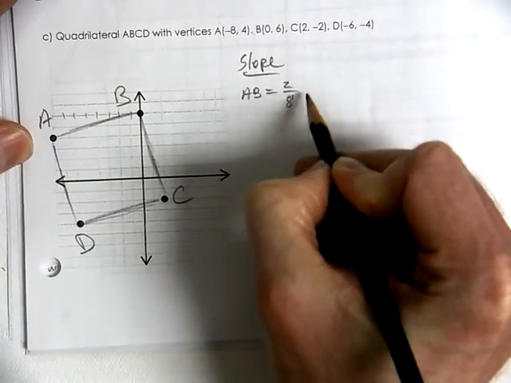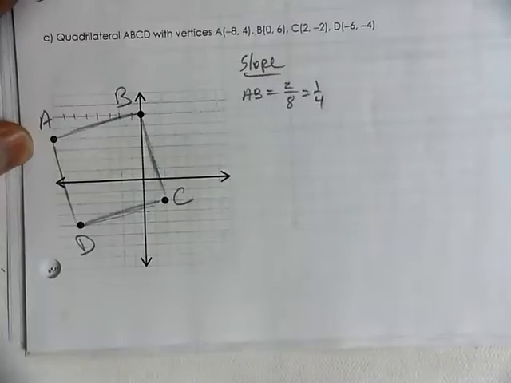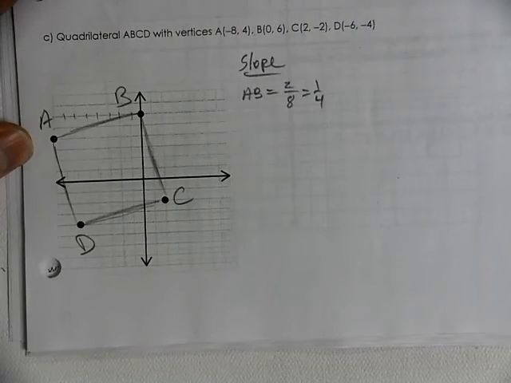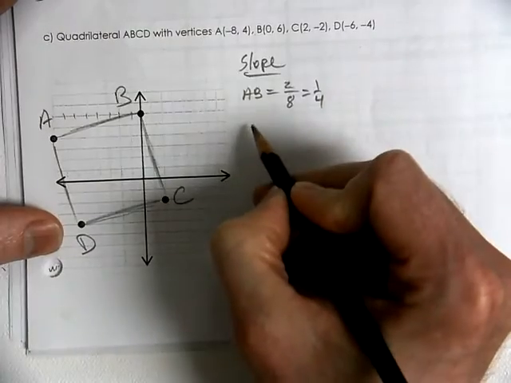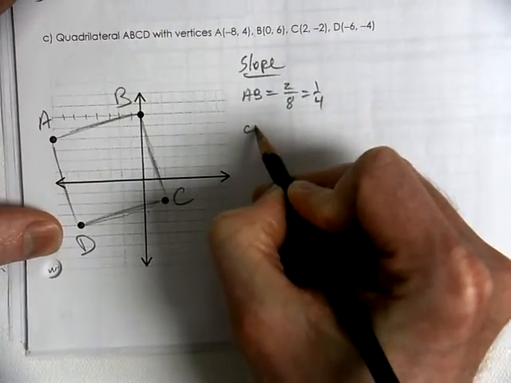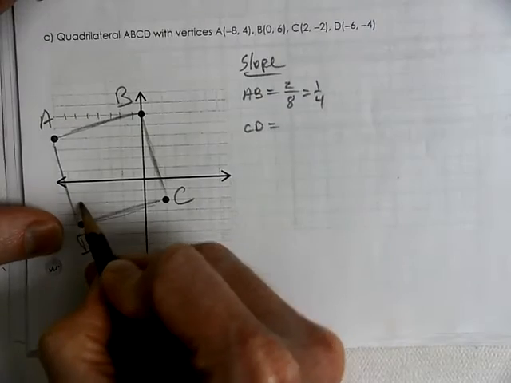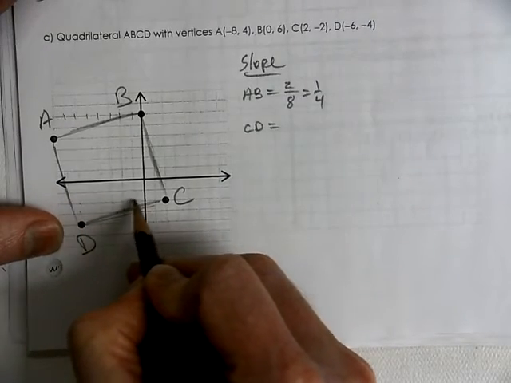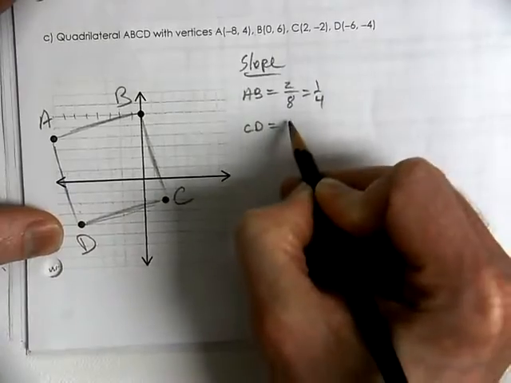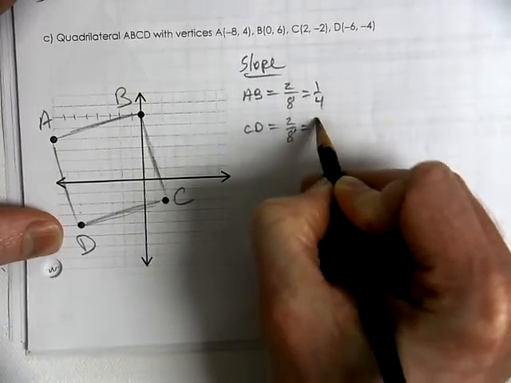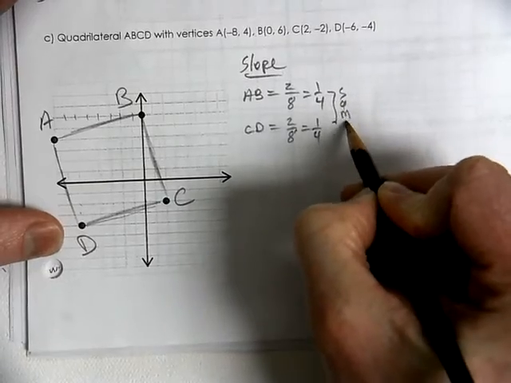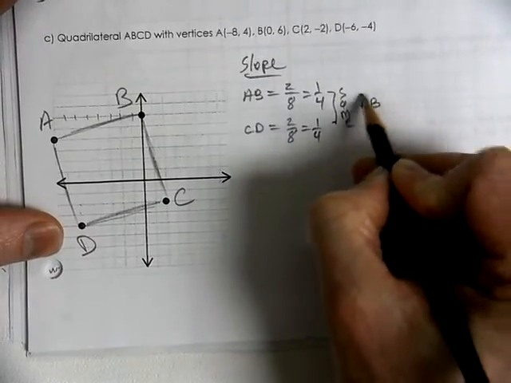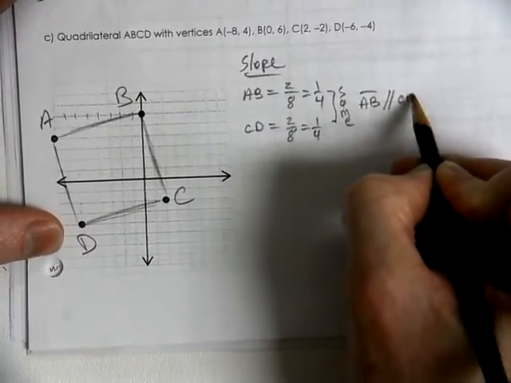Up 2 over 8, that's 1/4. I suspect that that's going to be parallel with CD. Up 2 over 1, 2, 3, 4, 5, 6, 7, 8. So I see that these are the same. I see that AB is parallel to CD.